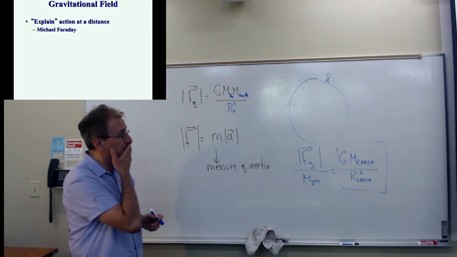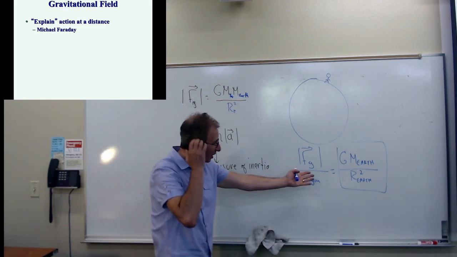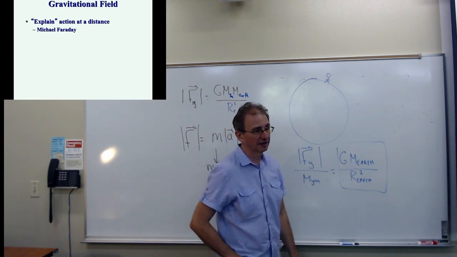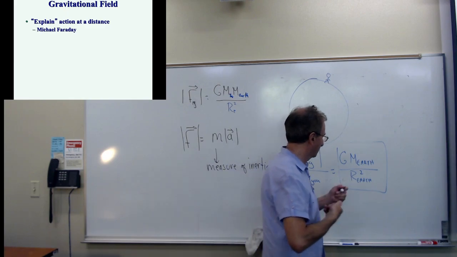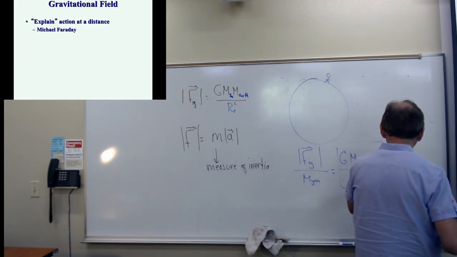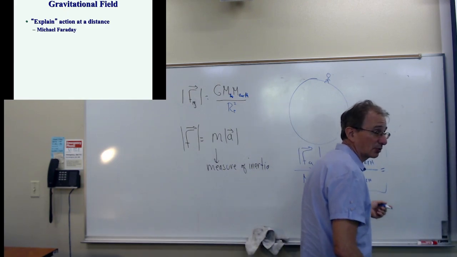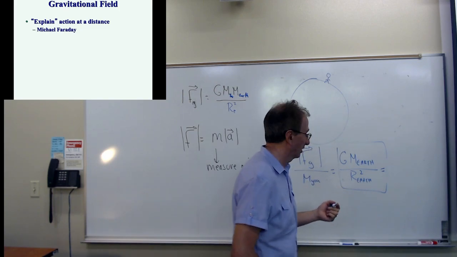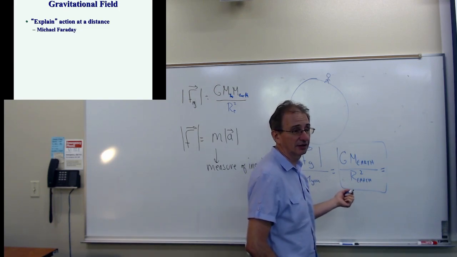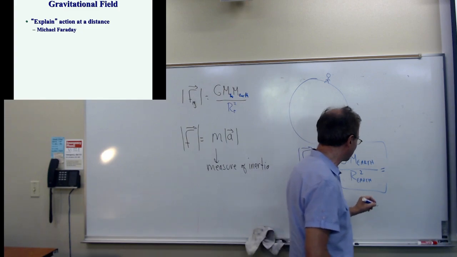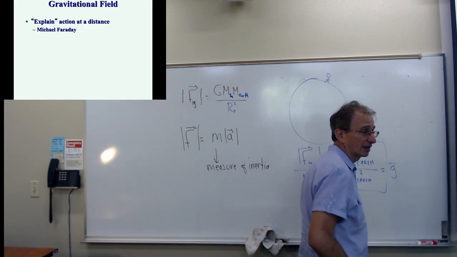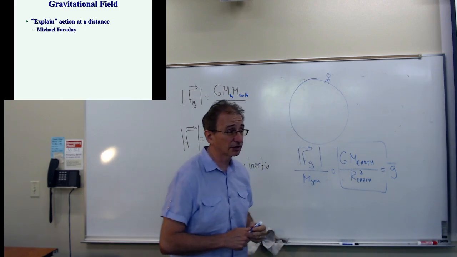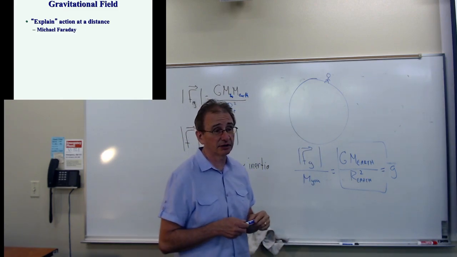So, what do we call this? It's a gravitational force per unit mass, right? What else have we called it? This is our g, and that's called the gravitational field strength.